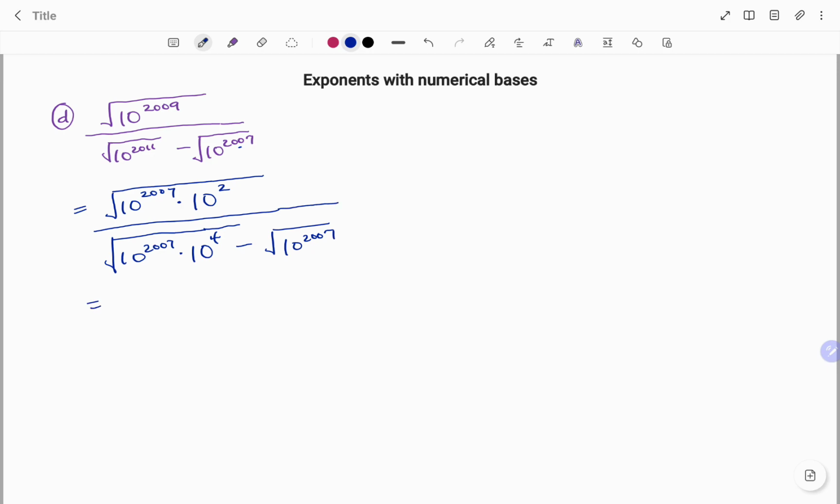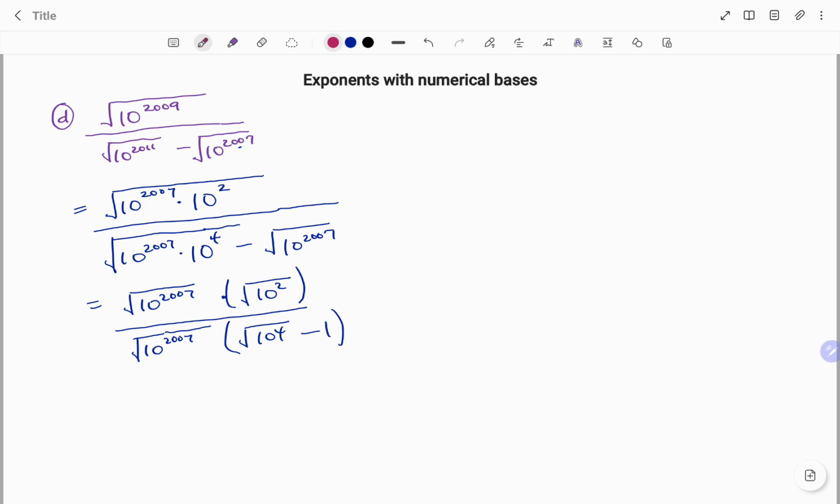So factorizing root of 10 to the power of 2007, I'm left with, that's root of 10 squared, all over, I take out root of, let me put this in a bracket so it's easy to cancel out, 10 to the power of 2007, at the bottom I'm left with root of 10 to the power of 4, minus 1.